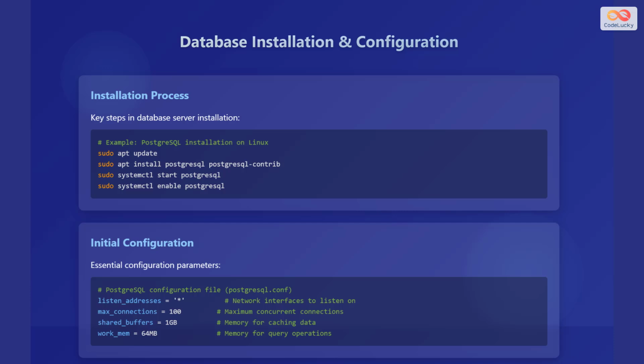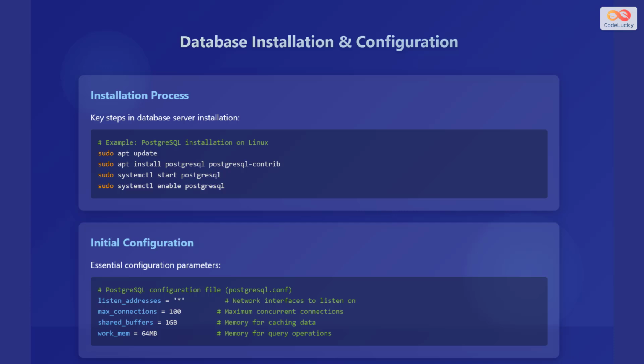Using the command sudo apt install postgresql-contrib, we'll install PostgreSQL and its contrib package. Next, start the database service with sudo systemctl start postgresql. Finally, enable the database service to start automatically on boot, using the command sudo systemctl enable postgresql.